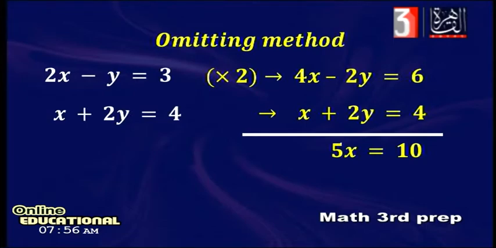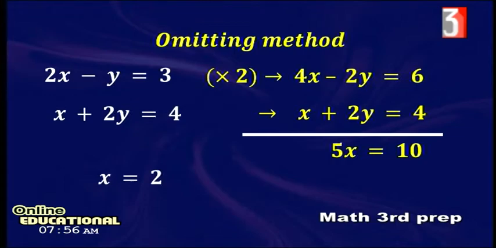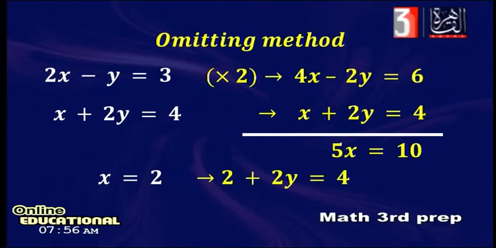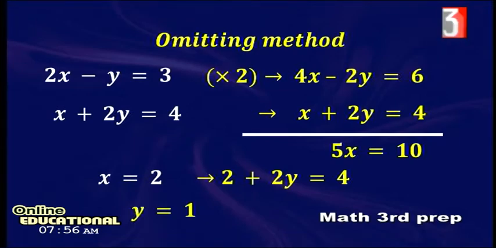Then by substituting x equals 2 in any of the two equations, you are going to find that 2y plus 2 equals 4. Then 2y equals 4 minus 2, which gives 2. In this case, y equals 1. So the solution set of such two equations is (2, 1).